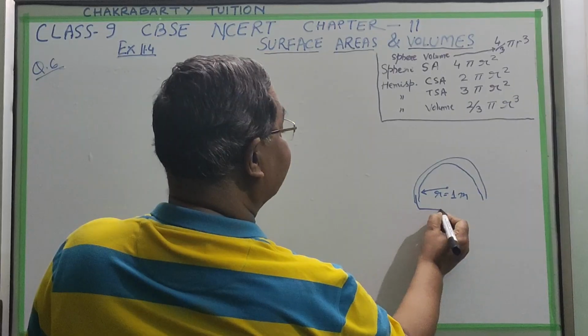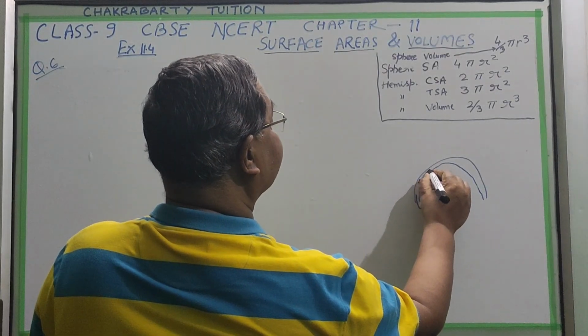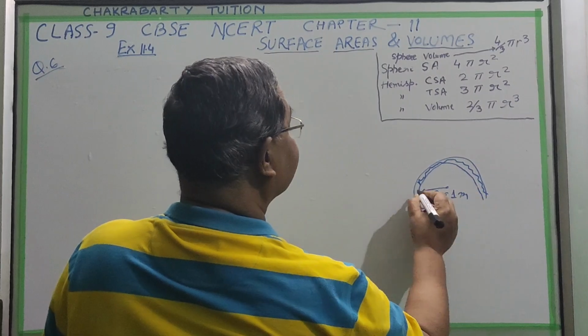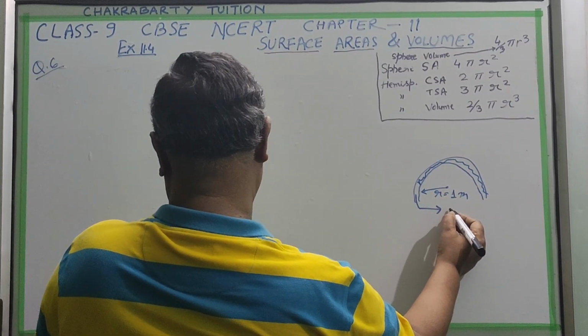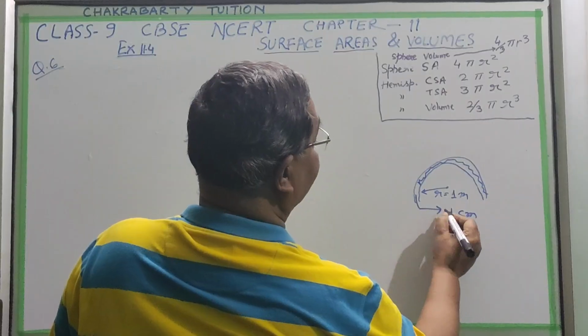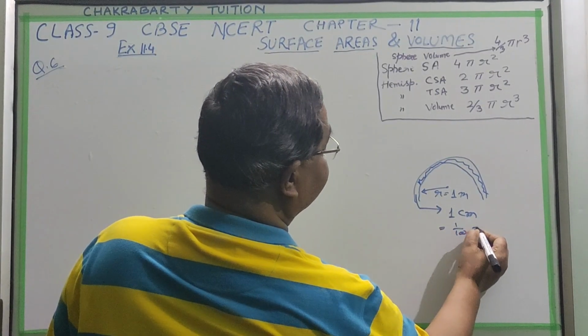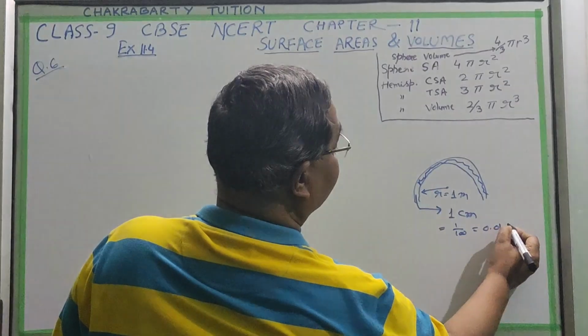And this thickness, this portion, is 1 centimeter as given in the question. So we will convert it to meter, which is 1 upon 100, equal to 0.01 meter.